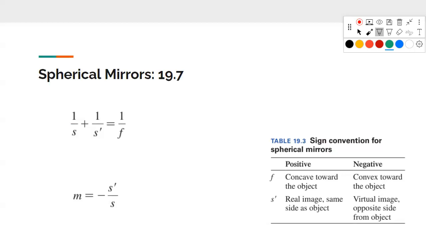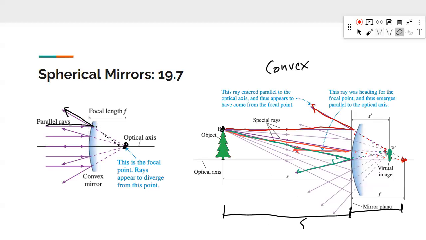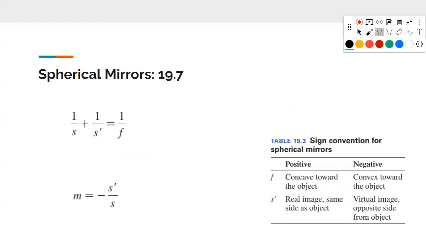Okay, and if we want to find, right, we have some object distance s, we have some image distance s prime, we have our focal length f, and so we can write the thin lens equation.